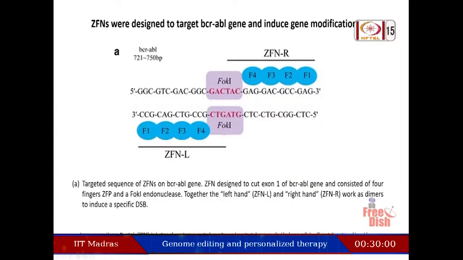The ZFNs were designed to target the BCR-ABL gene and induce gene modification. So, here in figure A, you can see the targeted sequence of ZFN on the BCR-ABL gene.